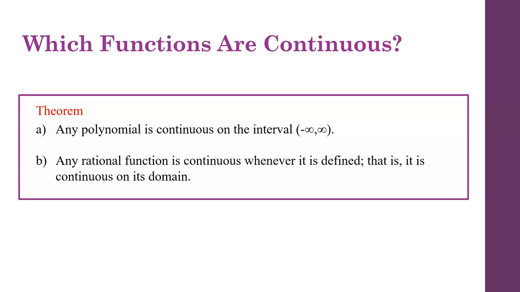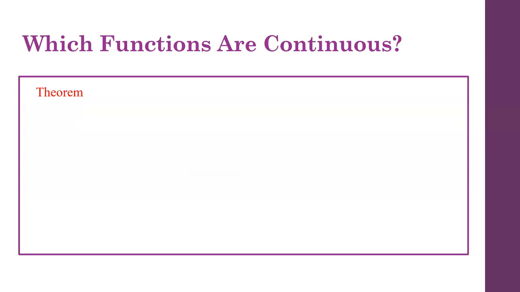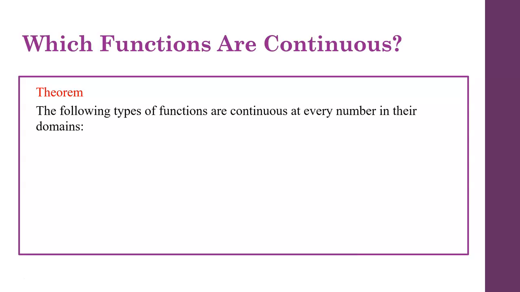So a rational function would be defined as long as its denominator is not 0, so its domain excludes the values that make the denominator 0, right? So a rational function would be continuous as long as the denominator is not 0. So here are some other functions that we are familiar with, we've seen in the past, and they are continuous on every number in their domain.